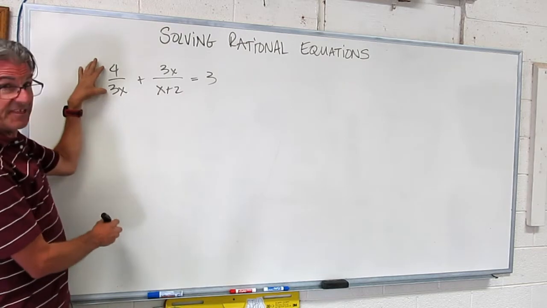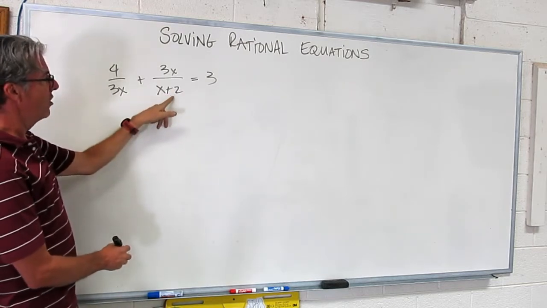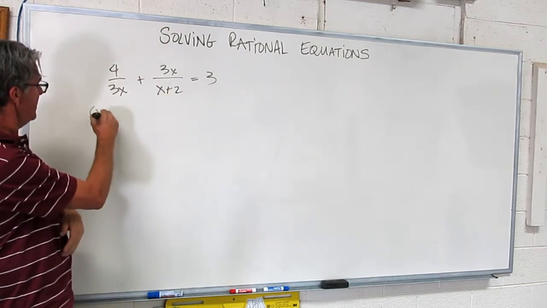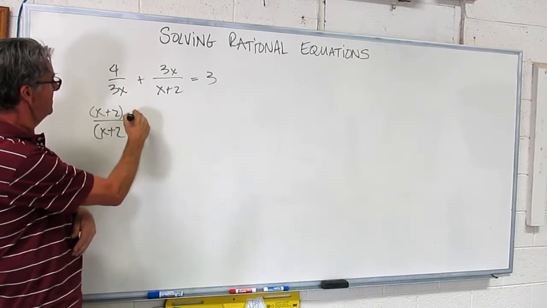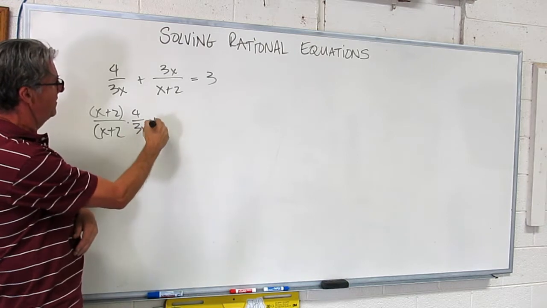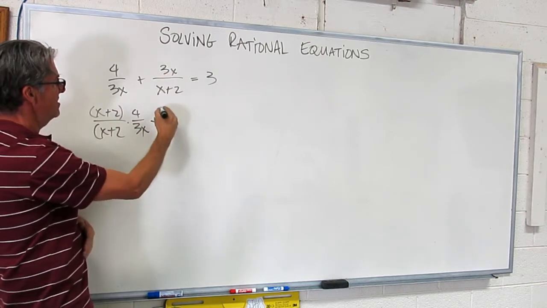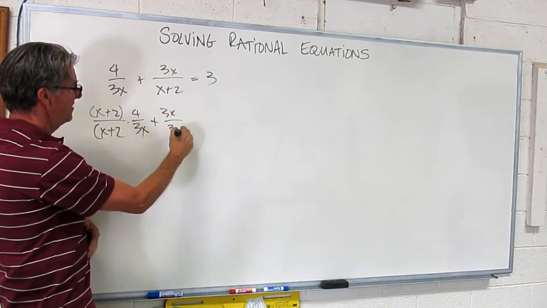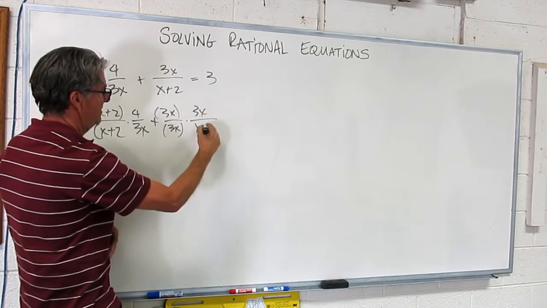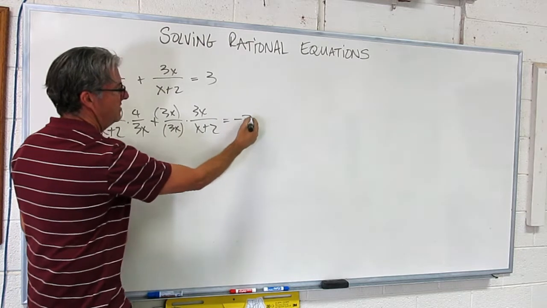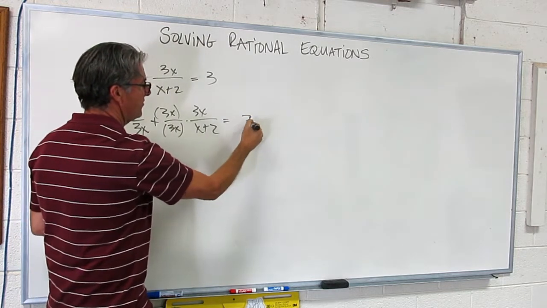So I'm going to multiply this fraction by this over itself. So I have x plus 2 over x plus 2 times 4 over 3x plus, now I'm going to do the same thing over here by the other denominator. All equals just regular old 3.